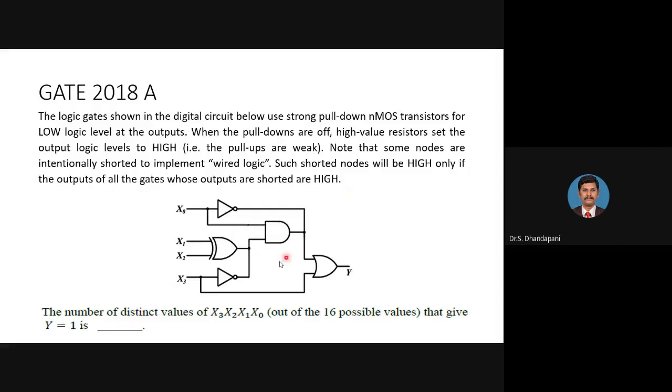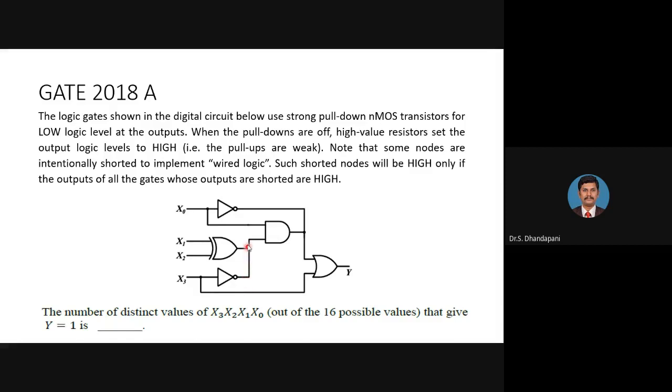The thing is, usually we will not short circuit the outputs of two gates. It is a question where we are using wired logic, where we have connected the outputs of two gates using a short circuit connection. So for this circuit, we want to find the output Y. If there is no such connection, then it becomes a very simple question.